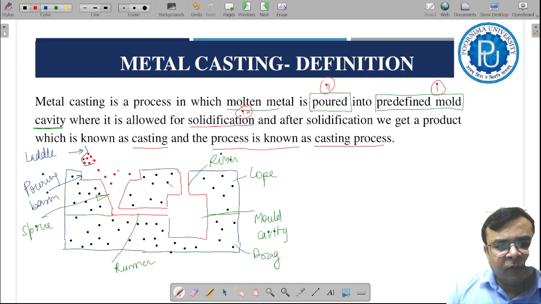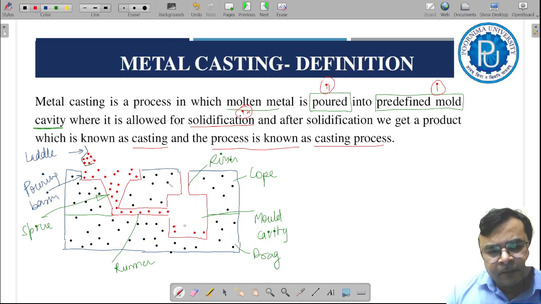mold cavity. So obviously it initially fills the pouring cup, and after that this molten metal starts moving towards the sprue, and from the sprue it moves towards the runner. Yes or no? After the runner, it initially fills the mold cavity, and once the mold cavity is completely filled, then this molten metal starts moving towards the riser.